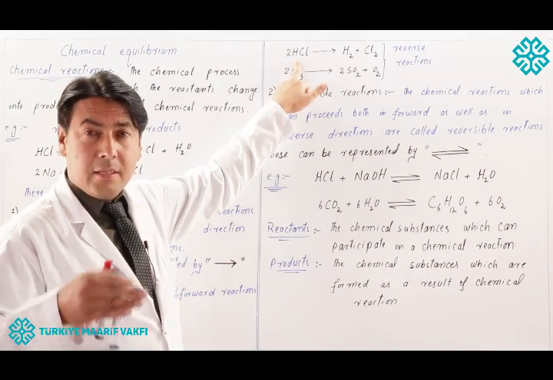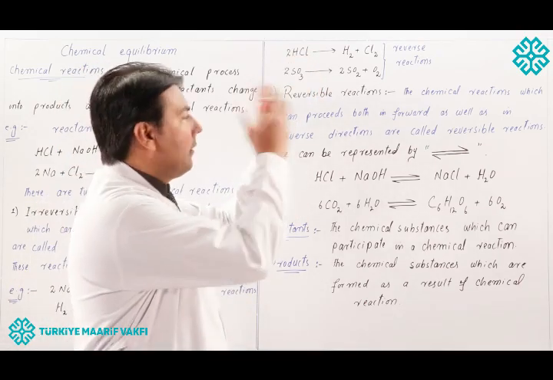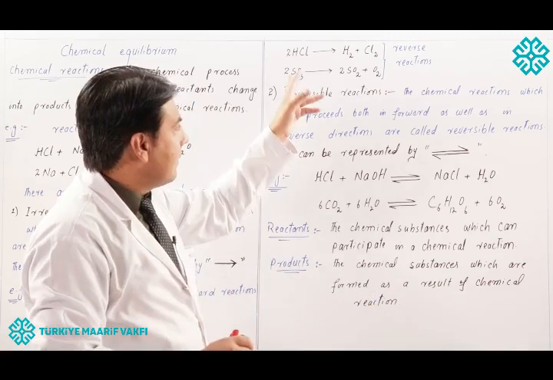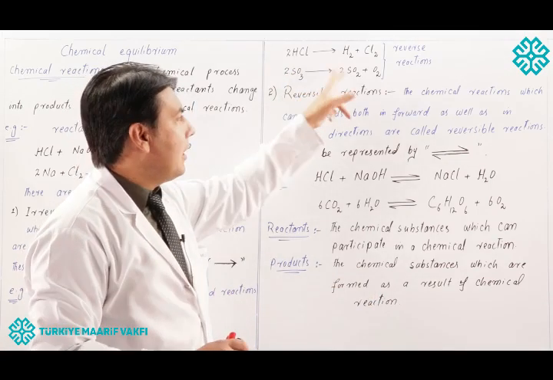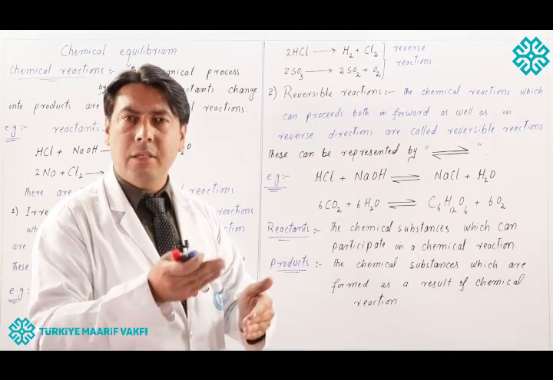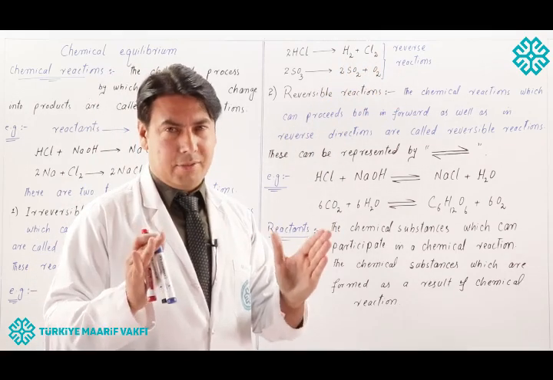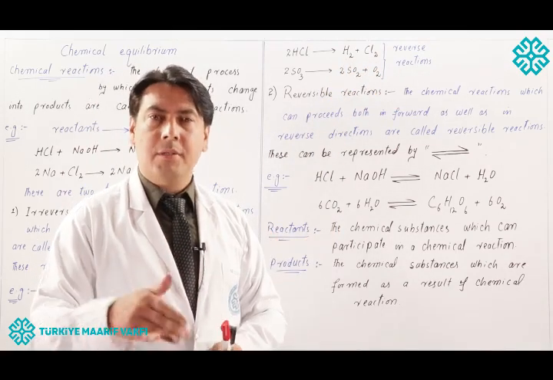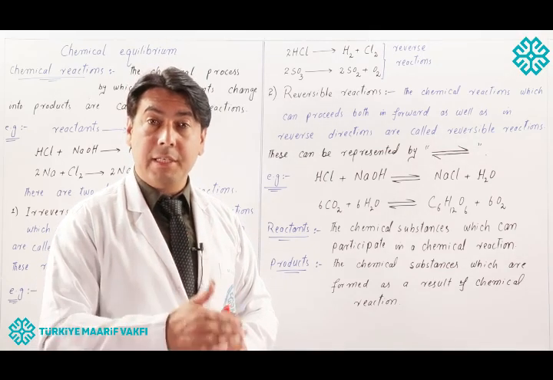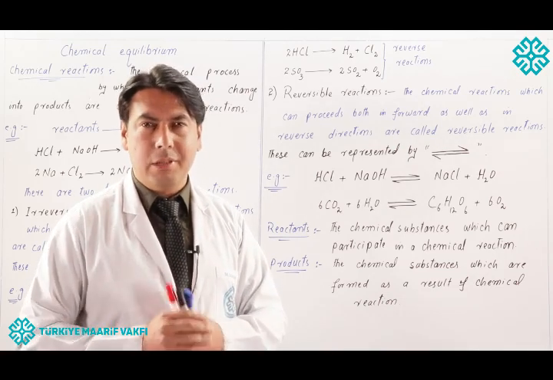In this reaction, the product can be converted only into the reactants. The reactants cannot be converted into the products. So these are reverse reactions. Reverse reactions are those reactions in which the products can be converted into reactants only. The reactants cannot be converted back into the products.